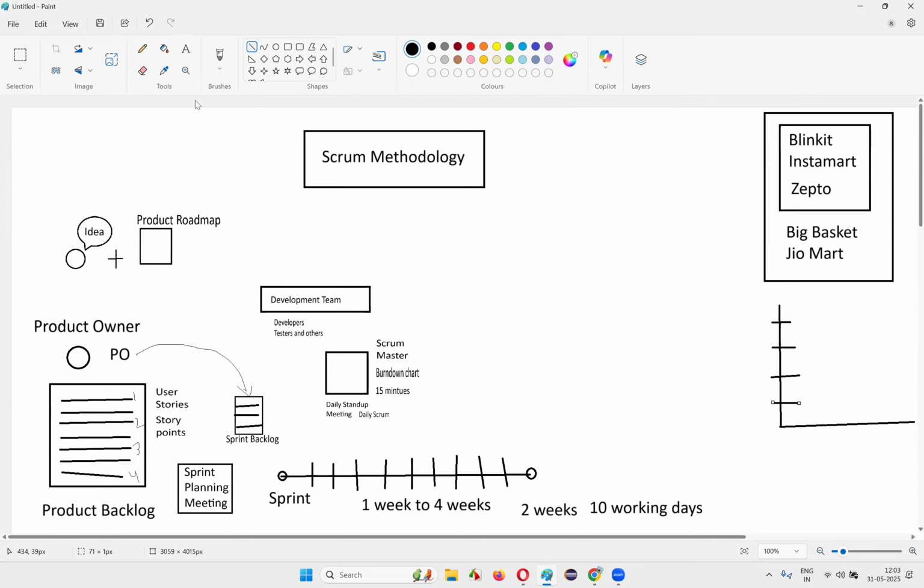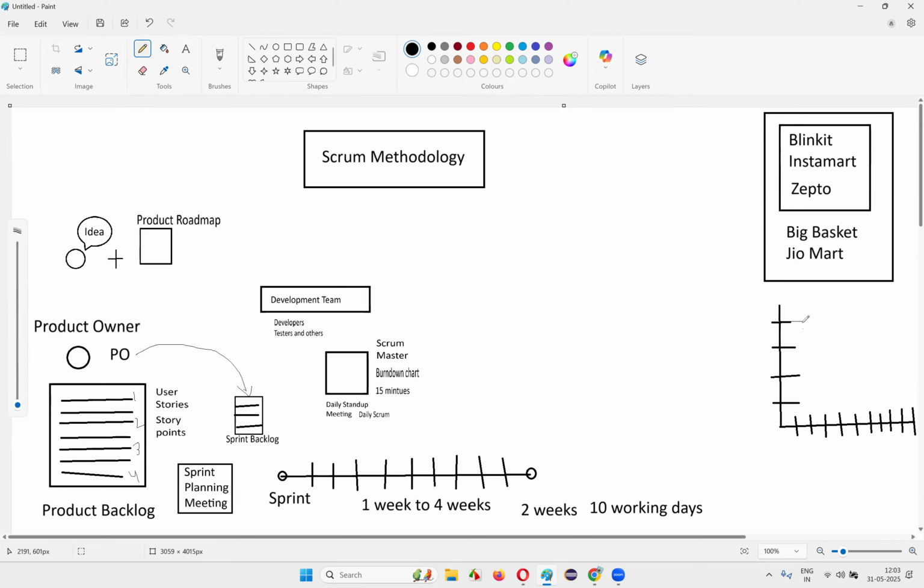On the horizontal side, days will be there. Day 1, day 2, day 3, day 4, day 5, 6, 7, 8, 9, 10.